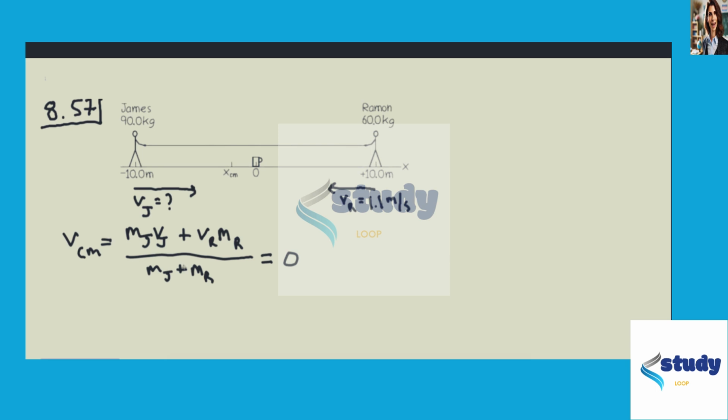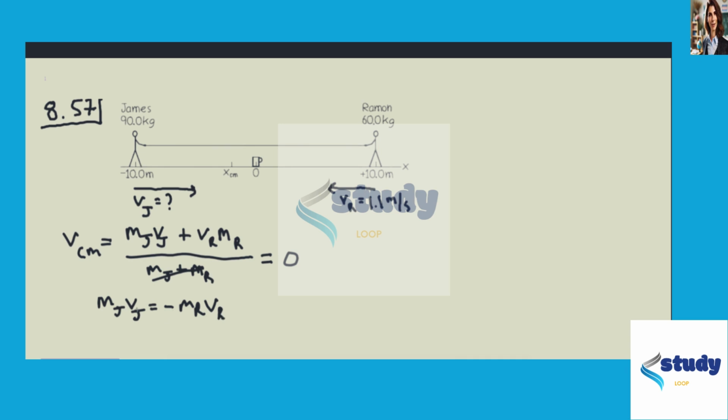And to do the algebra here, we can multiply both sides by the sum of the masses, and because this is 0, it doesn't affect it. So m_J v_J equals negative m_R v_R.